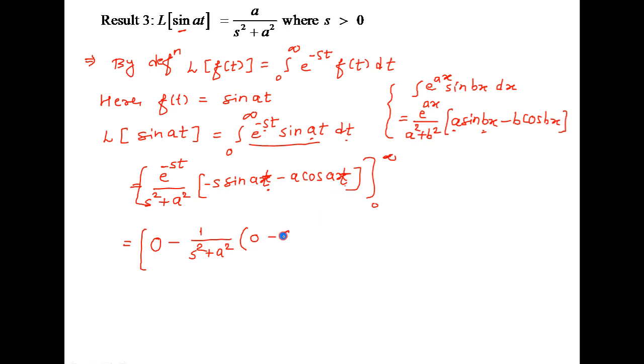It is 1, so it is a. And now solving this minus and this minus, it is going to be plus, so it is a upon s square plus a square. So that is the result for sin at: a upon s square plus a square.